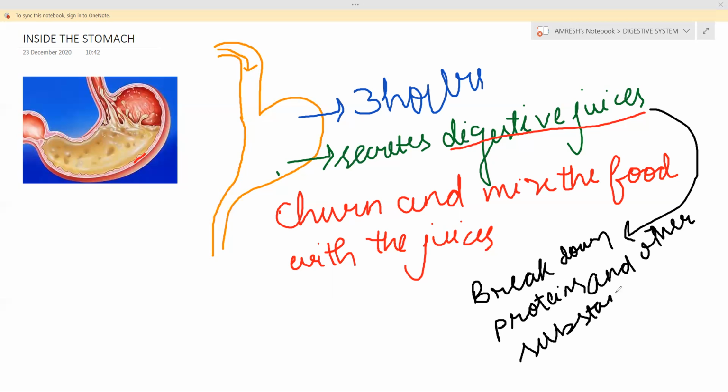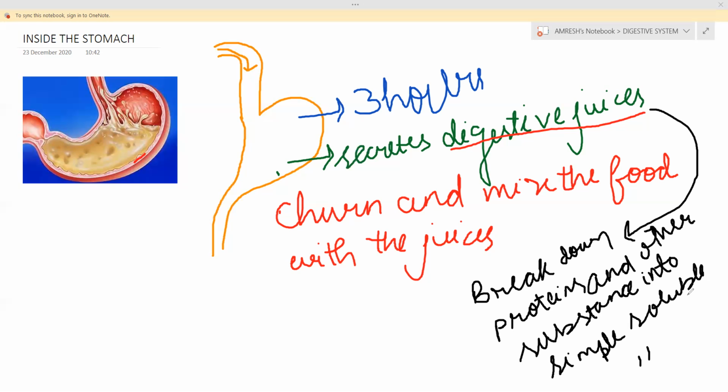Substance into simpler substance. Simple, also soluble. I have given it like this, that is substance.